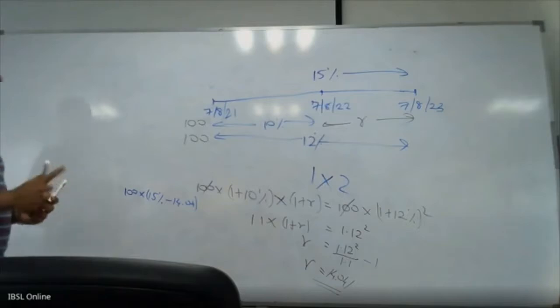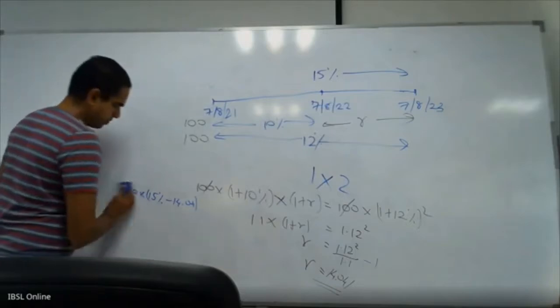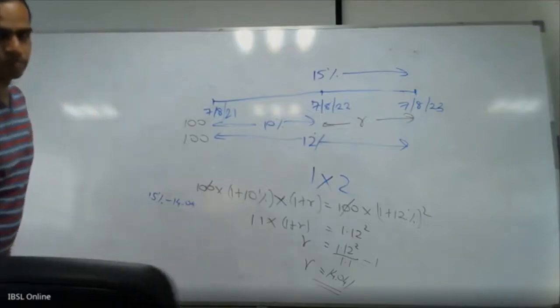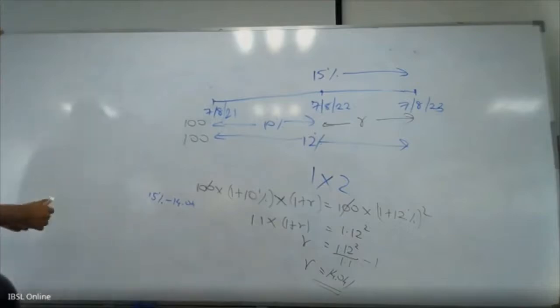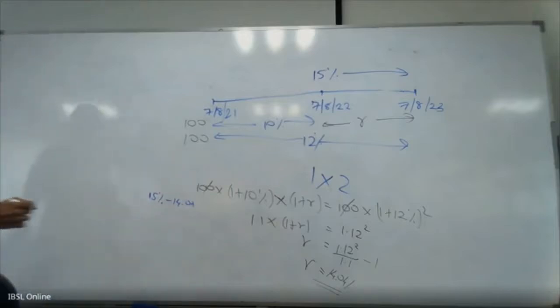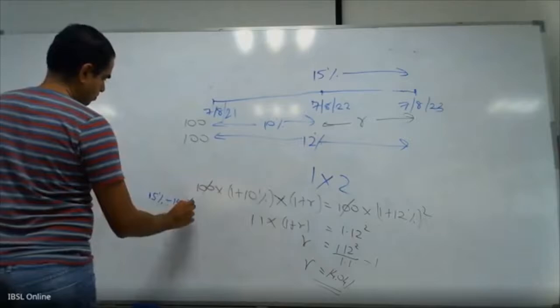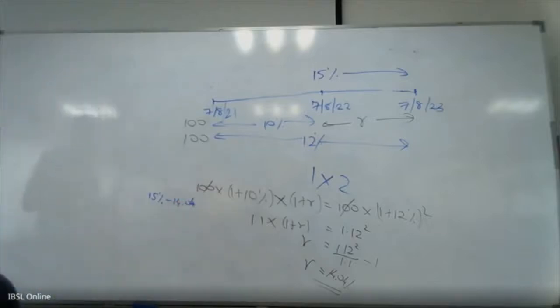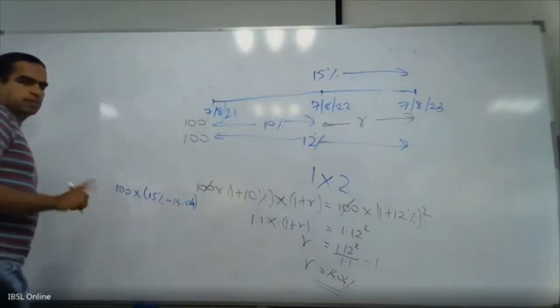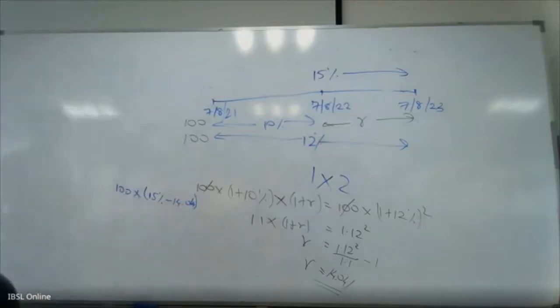So over a period of 1 year, he will have a benefit or a saving of almost 1%, 0.96%. Borrowed amount is 100. So this will give you the saving in dollars.